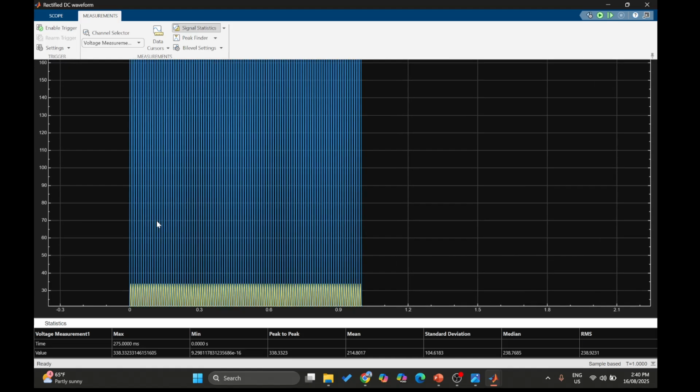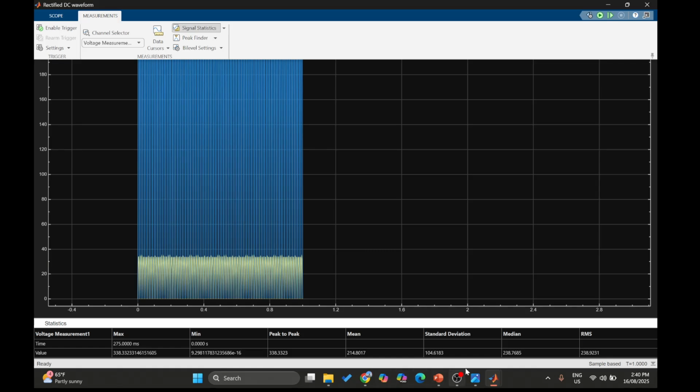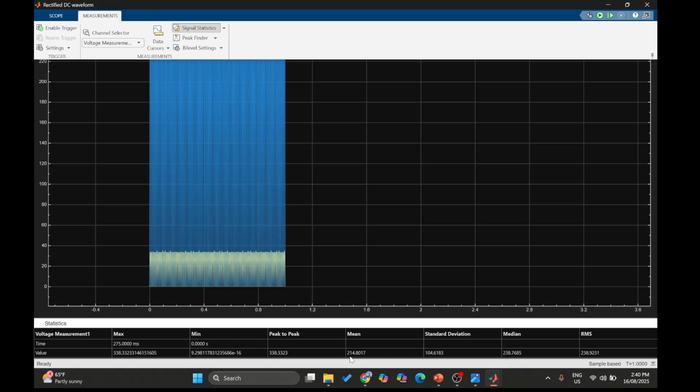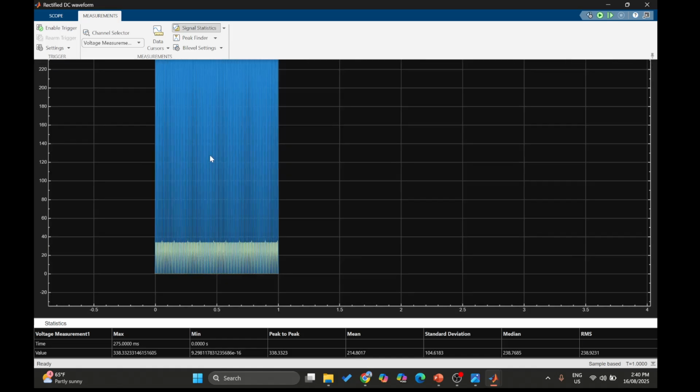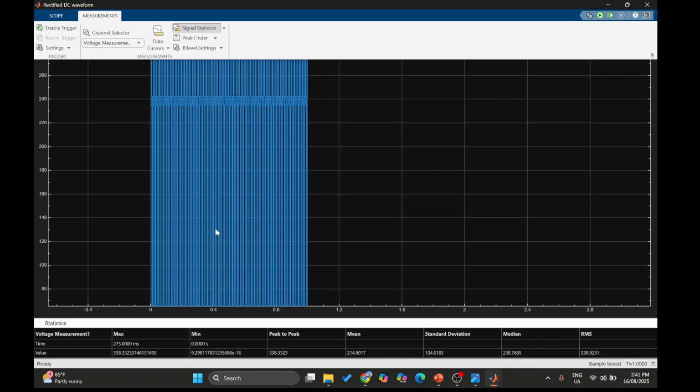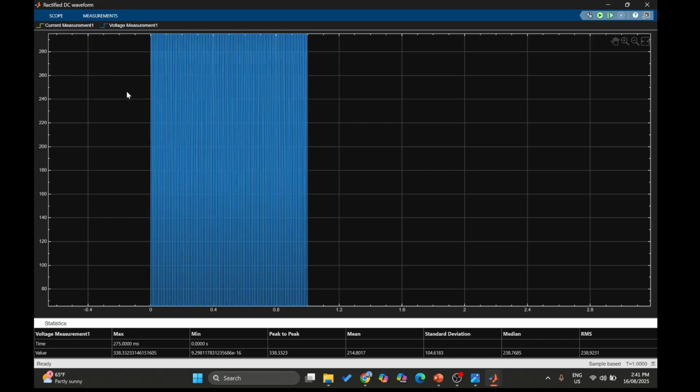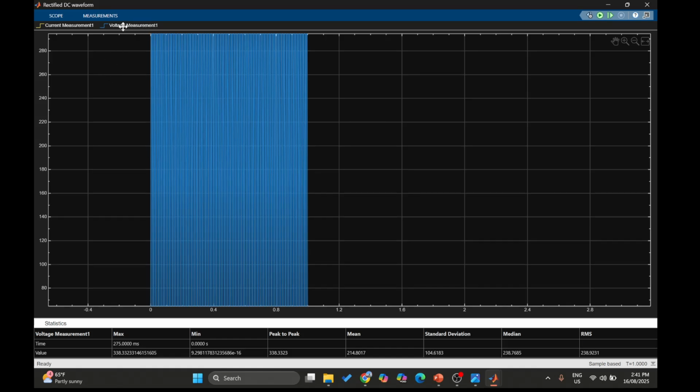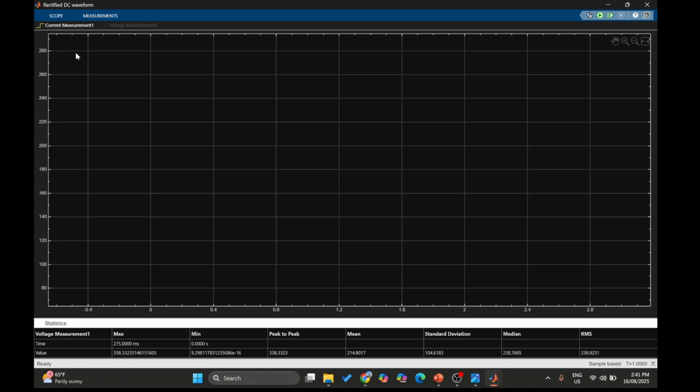And the average VDC is 214, somewhere here. Yep, that's the voltage waveform.